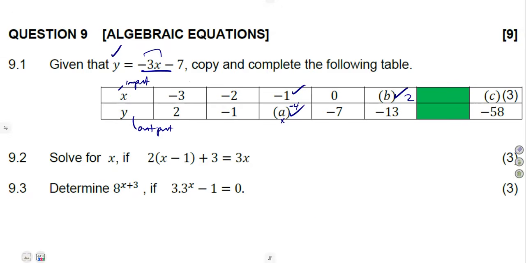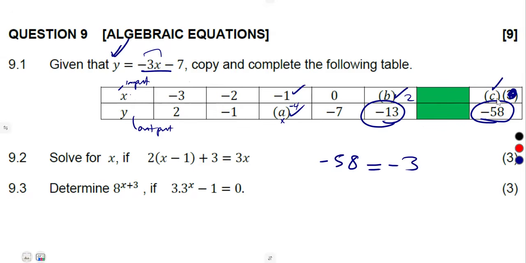Right, the same thing, guys, on finding c. C represents the x value. So we are given the y value just like in this case. So minus 58, that's our y value, is equal to minus 3x. Our x is represented by what? By c. Or you can use x, it's still fine.